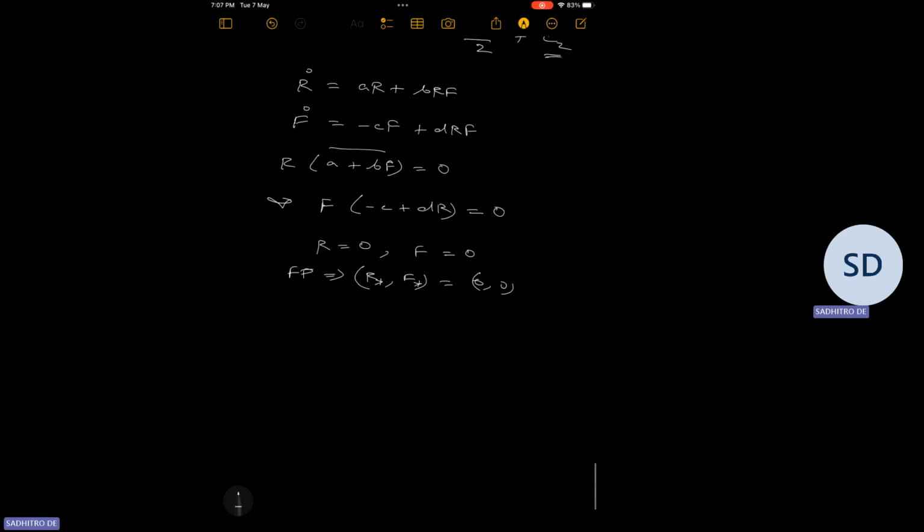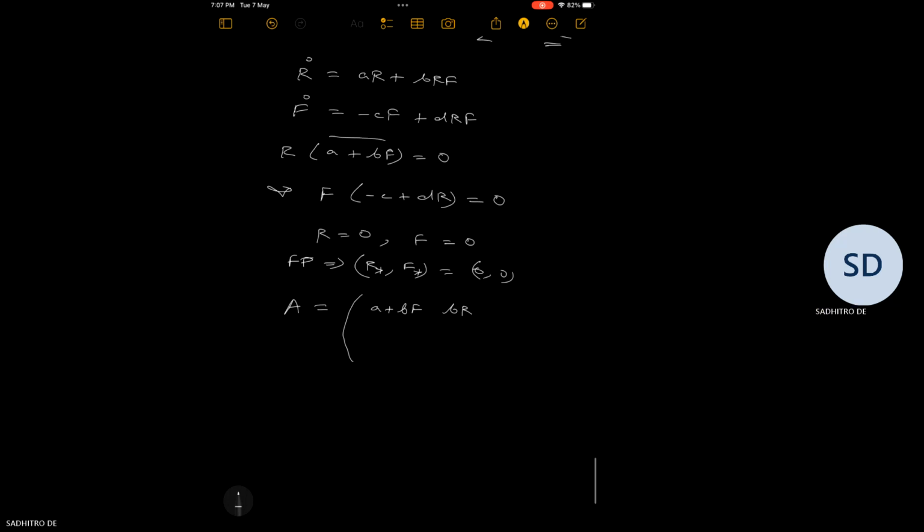So fp is basically r star comma f star, and this is 0 comma 0. The Jacobian matrix can be written with entries del G del S, del G del R, which gives F minus C plus ER.